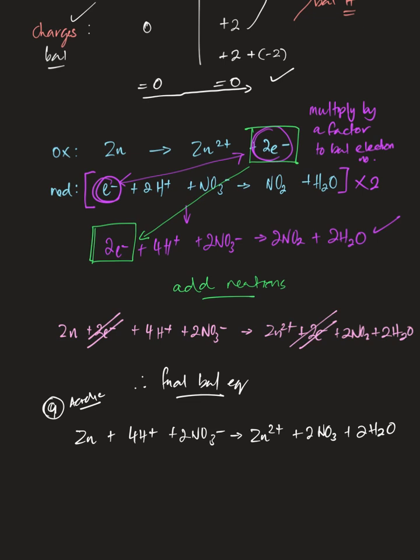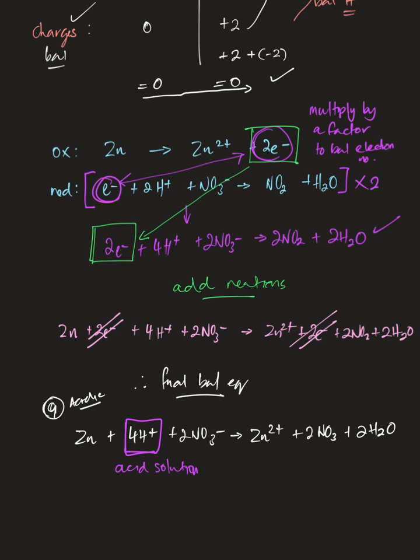If I look here on this side, can you see that? I have H plus ions, which makes this an acidic solution, and that's not what we're looking for. The instructions say that it needs to be a basic solution, so we have to go through a few more steps to get rid of those H plus ions and replace them with OH minus ions.